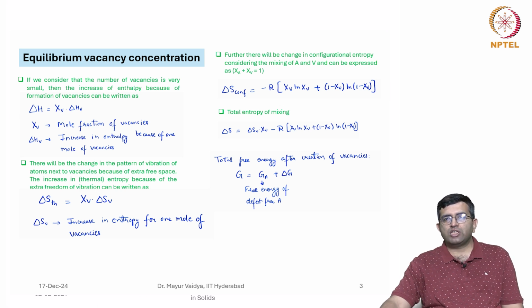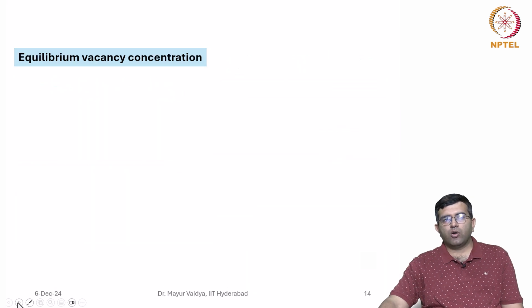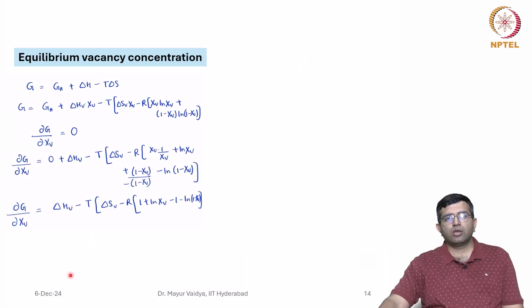So, the total free energy after the creation of vacancies, initially let us say it was G A for a defect free A, plus delta G. Now, G can be written as G A plus delta H minus T delta S, so G A plus delta H v into x v minus T times delta S v x v minus R x v ln x v plus 1 minus x v into ln 1 minus x v.